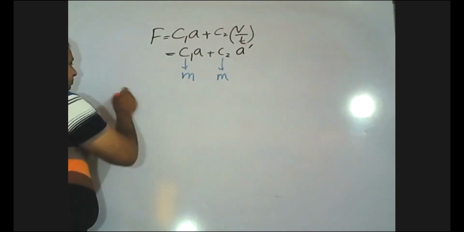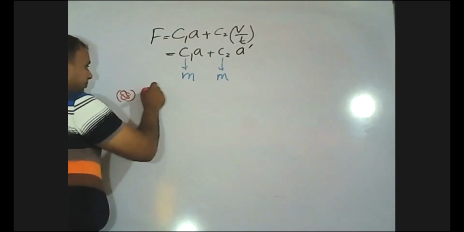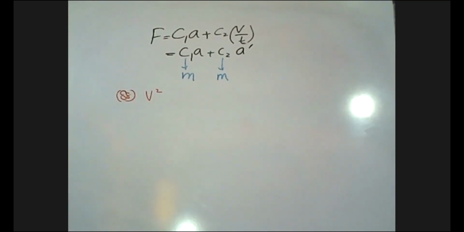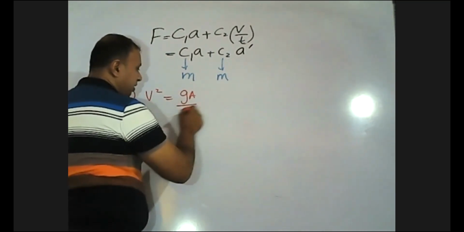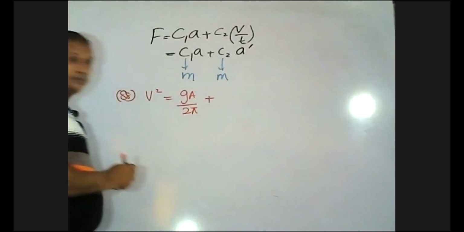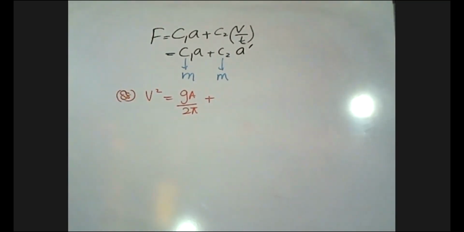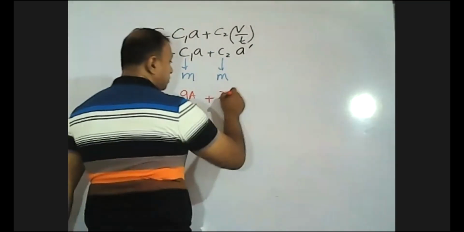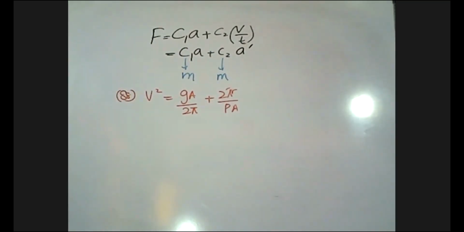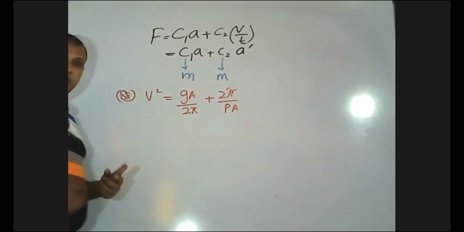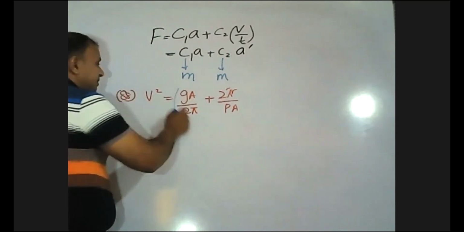88. V squared equals GA plus GA over 2A F plus 2 pi R P. Dimension of A. Actually, we can consider this part.